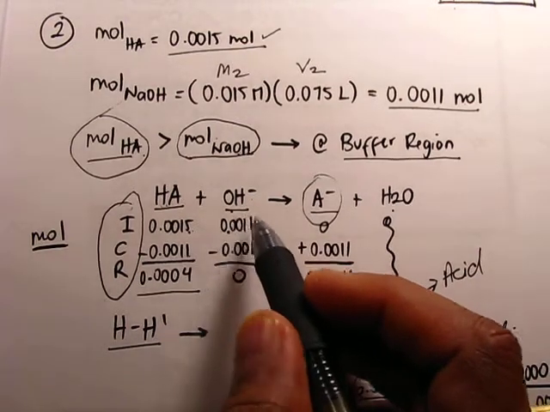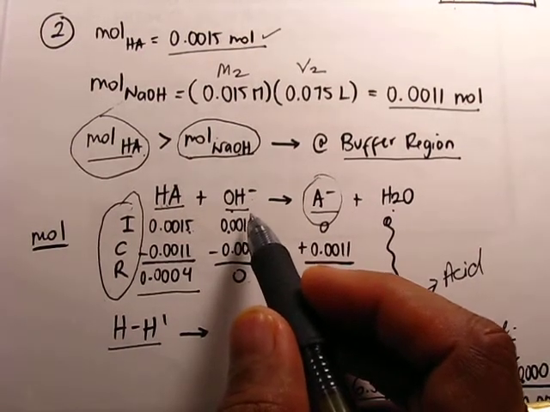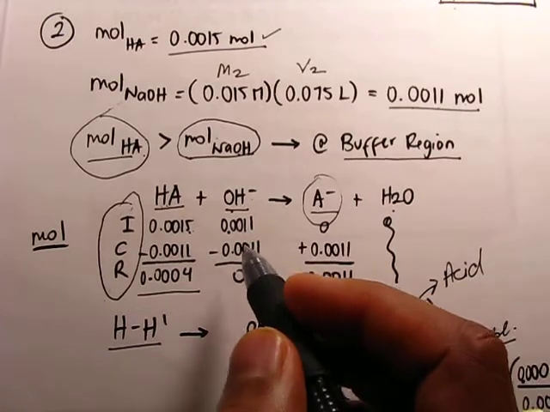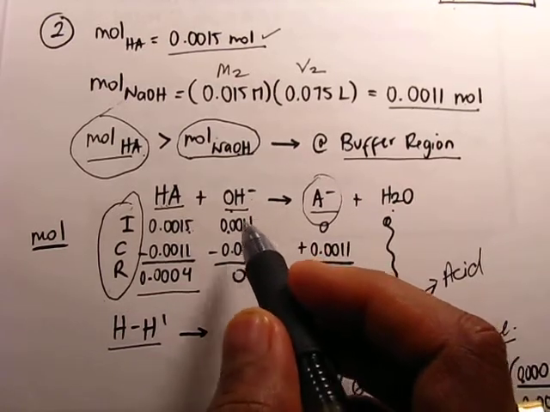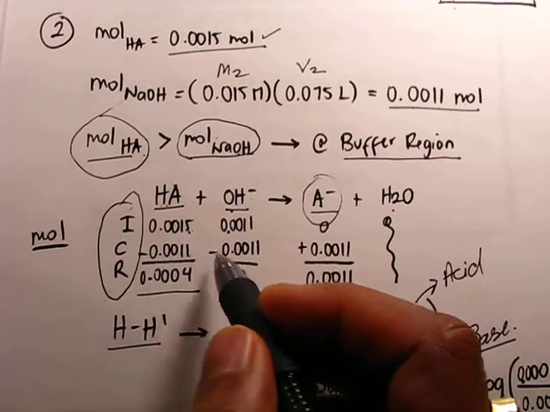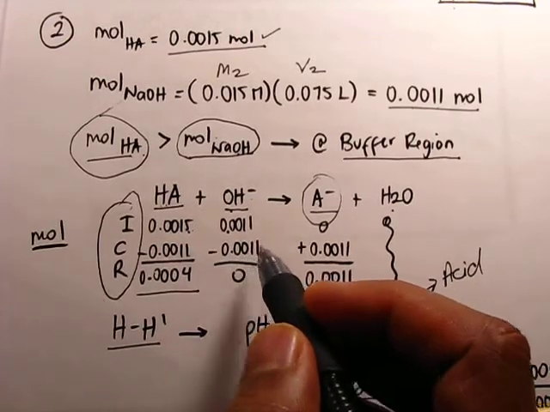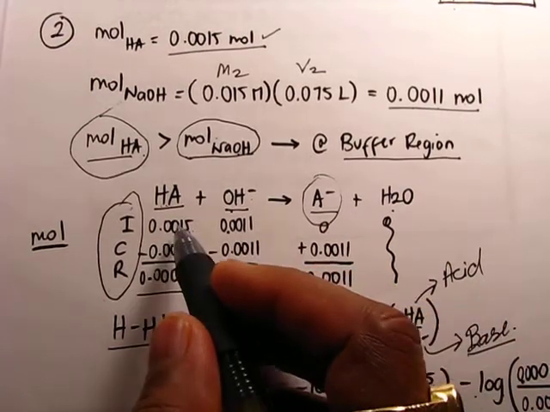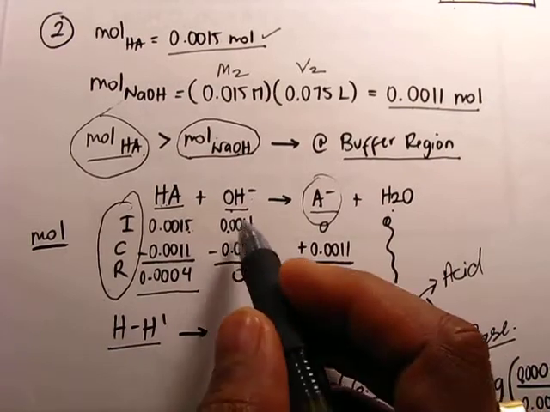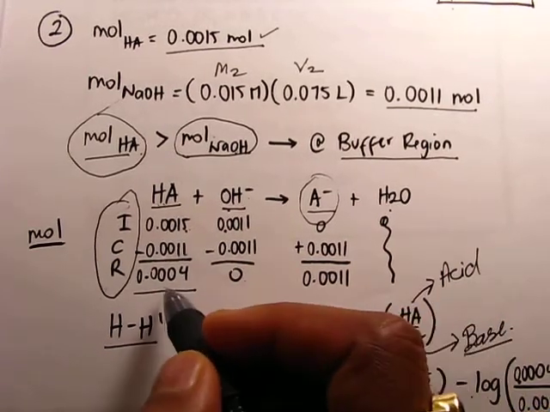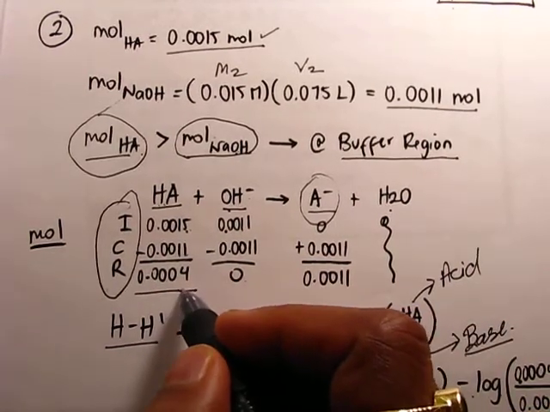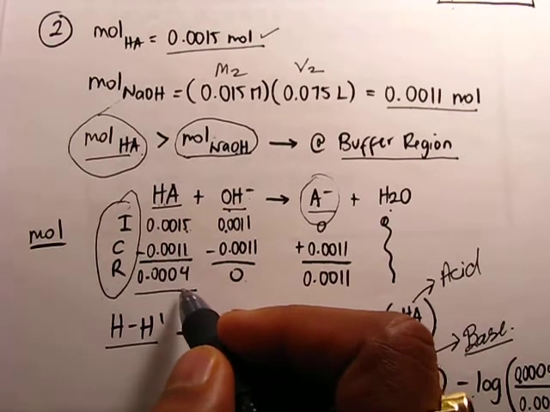We have a small amount of NaOH, so it is completely consumed: 0.0011 mole of NaOH is consumed by the acid, so the base is 0, and we have this many moles of excess acid.